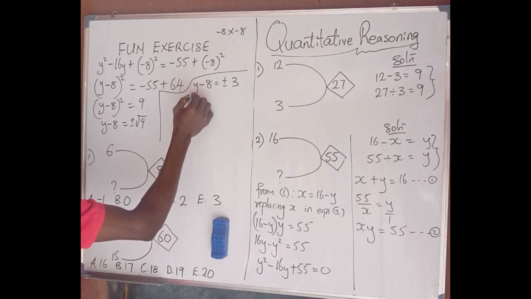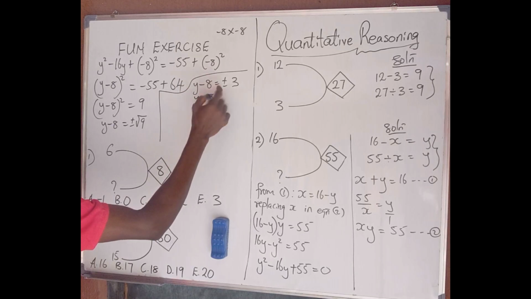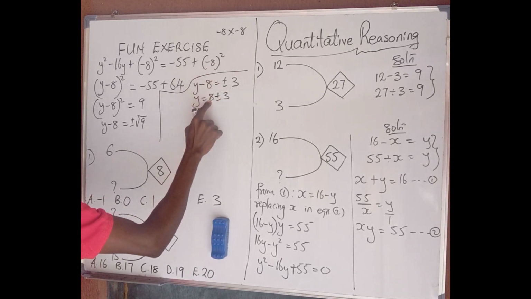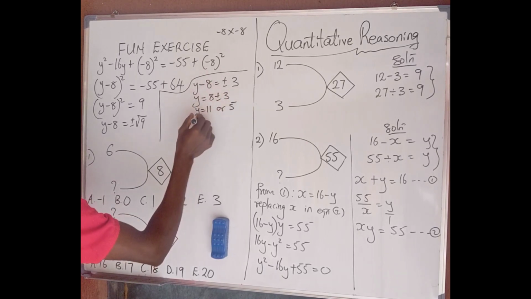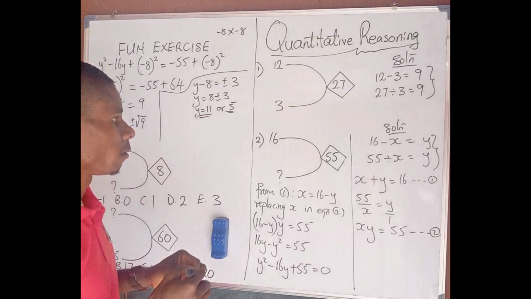So making y the subject now, y will be equal to 8, because the negative crossing here becomes positive, plus or minus 3. Therefore, y is equal to 8 plus 3, which gives us 11, or 8 minus 3, which gives us 5. So the values of y are 11 and 5.